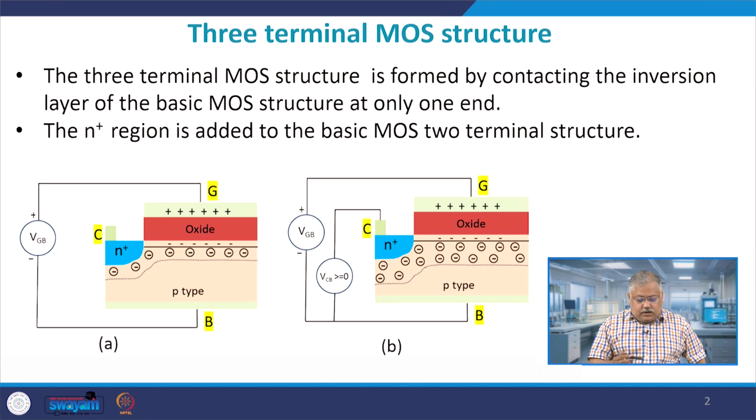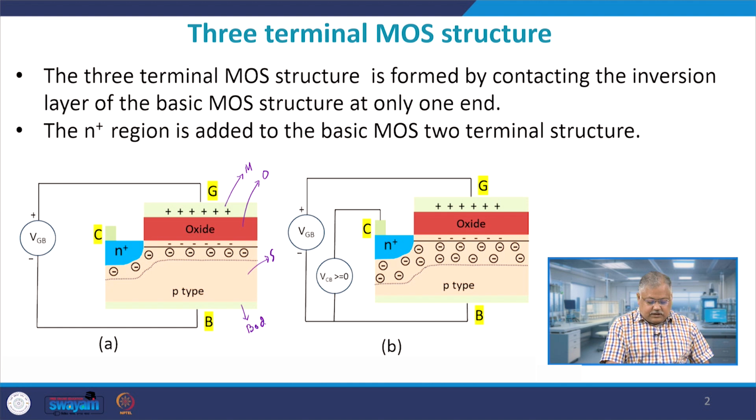So, let me introduce to you the 3 terminal MOS structure. As you can see here, till now we were all discussing it as a 2 terminal device, where you put basically the metal gate and the body. On the left hand side of the figure, this is the metal gate, this is the oxide layer, this is the semiconductor, and at the bottommost layer, the light green color, is basically your body or substrate.